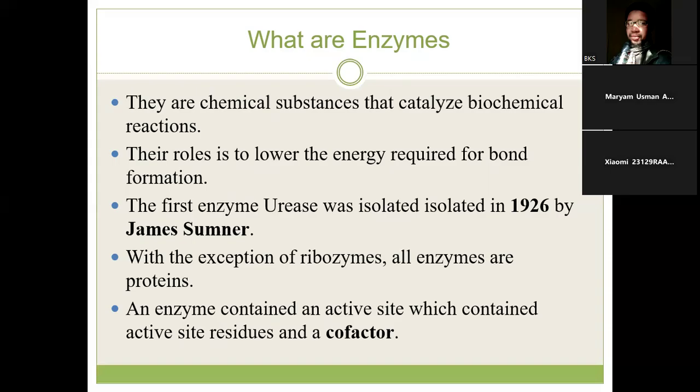remember I just said that in a reaction, what usually happens is you have bond breakage and bond formation. When you have a chemical reaction, there is a breakage in a bond of the reactant. For the product to be formed, there is then the bond formation.